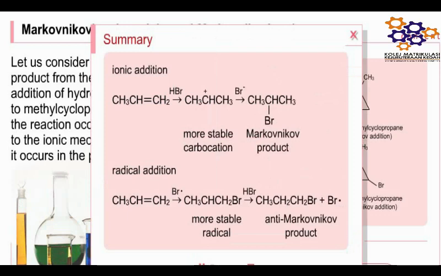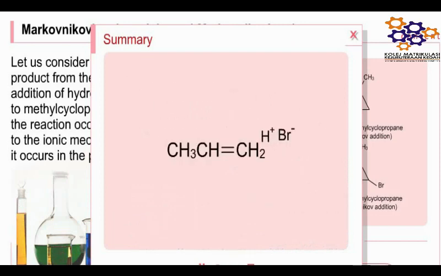Now we can see the contrast between the two ways that hydrobromic acid, also known as hydrogen bromide, can add to an alkene. In the absence of peroxides, a proton is the reagent that attacks the double bond first. Because of the small size of a proton, steric effects are unimportant.